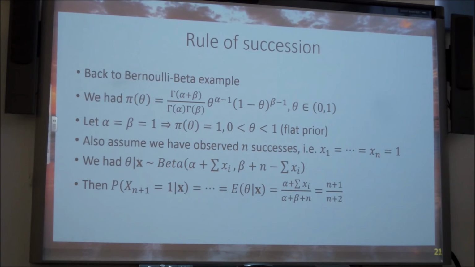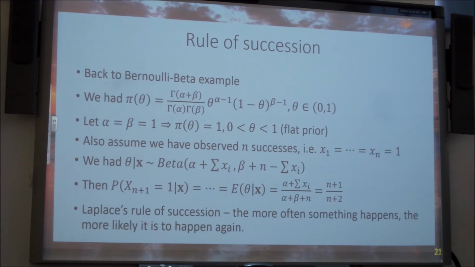So as n goes to infinity, this probability will tend to 1. So if we've seen the sun rise more times, then it will be more likely to rise again, which is what Laplace's rule of succession means: that the more often something happens, the more likely it is to happen again.